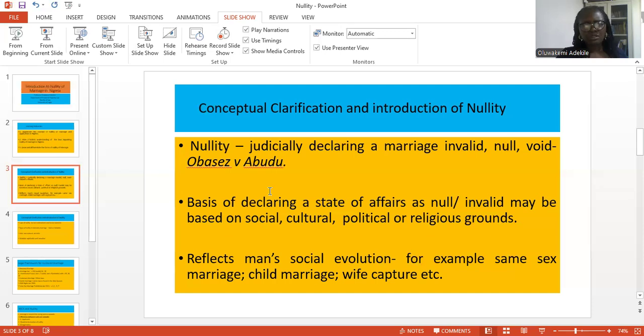So English law would regard a marriage that was not capable of consummation as void, because one of the reasons why marriage was religiously celebrated was that it is a divine injunction towards procreation. So where procreation was impossible, it could be annulled.